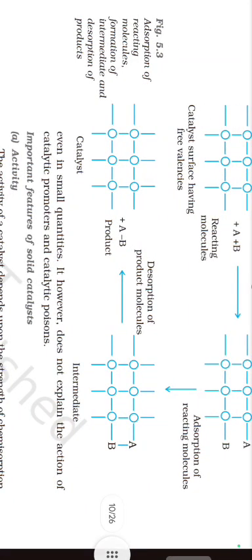It, however, does not explain the action of catalytic promoters and catalytic poisons. Figure 5.3: Adsorption of reacting molecules, formation of intermediate and desorption of products.